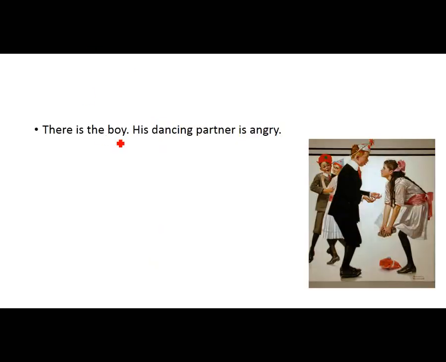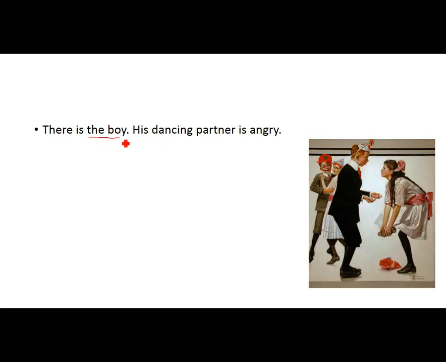In this picture, we can see a couple. It looks like they were dancing, but they're not, probably because the boy stepped on the girl's foot. The girl now looks angry. The boy looks embarrassed. There's the boy. His dancing partner is angry.